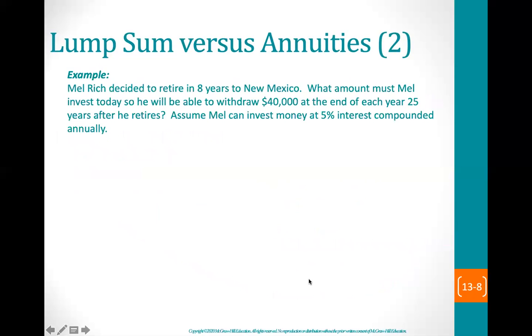Another example. Mel Rich decided to retire in 8 years to New Mexico. What amount should Mel invest today so that he'll be able to withdraw $40,000 at the end of each year for 25 years after he retires? Assume he can invest at 5% interest compounded annually. Step 1, present value of an annuity.